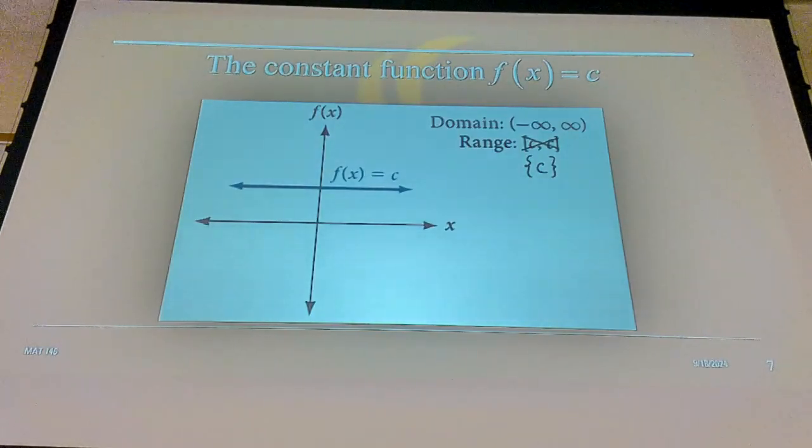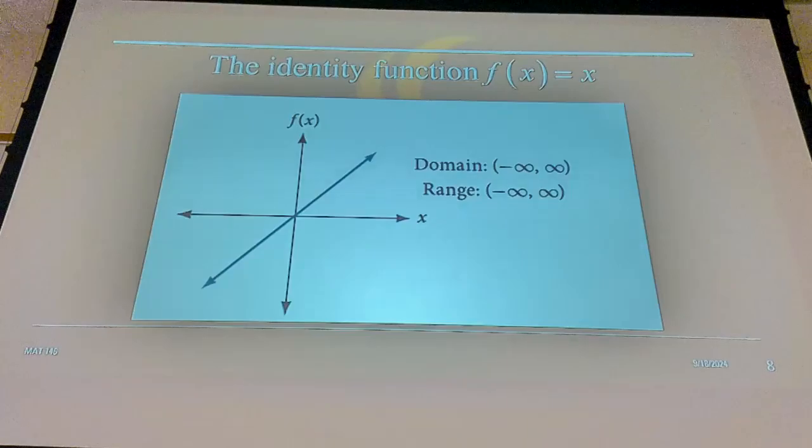Next up is the identity function, which is just f of x equals x. Domain and range, all real numbers. Right, it's the line of slope 1 through the origin. And I know what that function is called, the identity function.